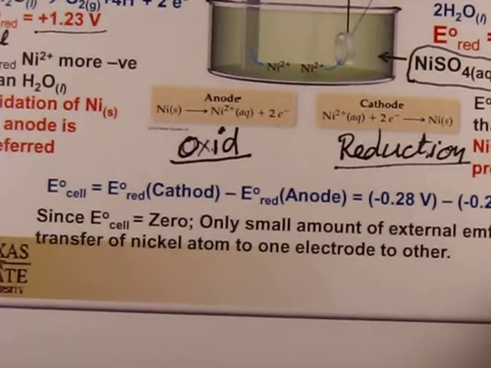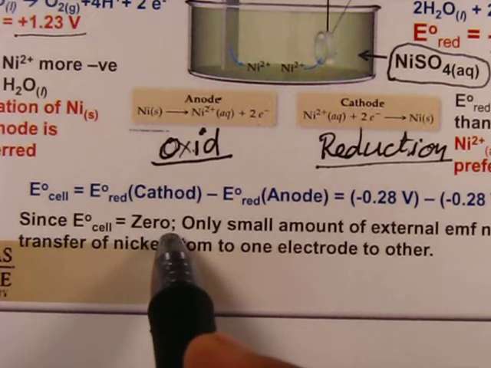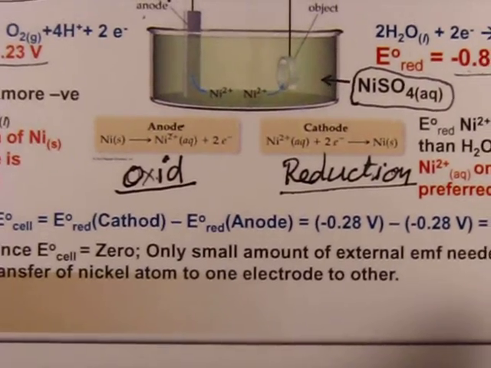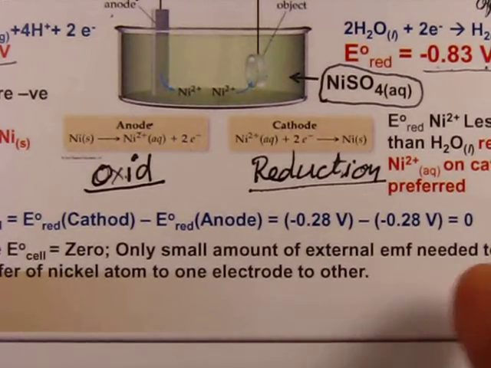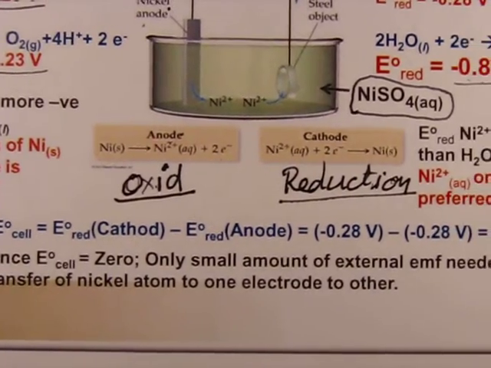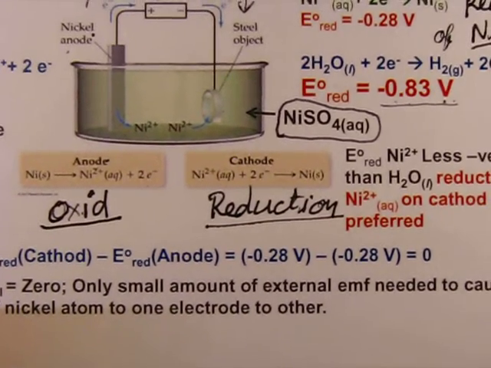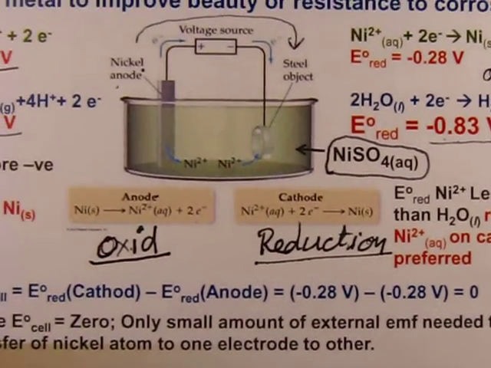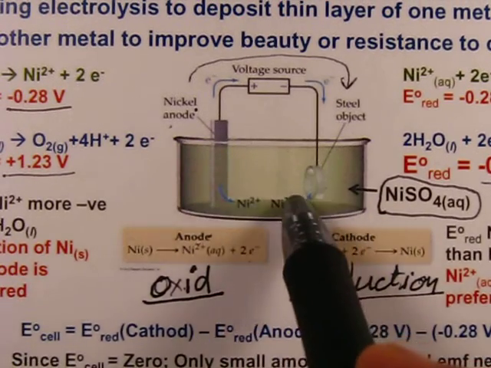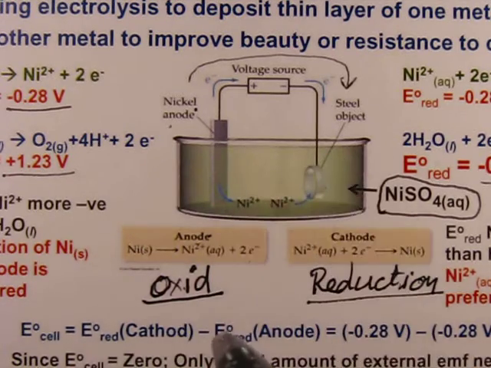So you can see that since E cell is 0, the total E cell of this setup is 0, therefore only a small amount of external EMF is needed to cause transfer of nickel atoms from one electrode to another, right? So this is a very unique example where only nickel is oxidizing and nickel ion is reducing on the other metal.